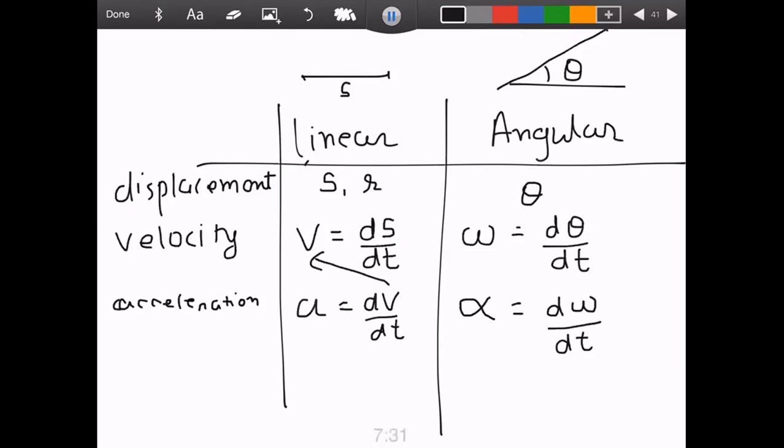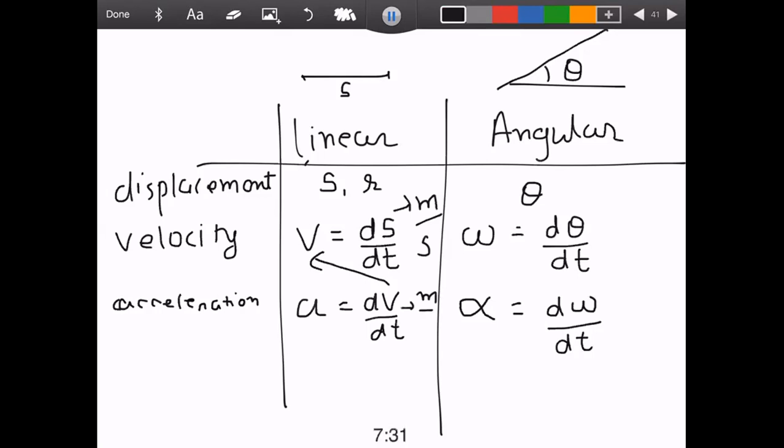So one is angular acceleration, alpha. What is the unit? Right now, as a vector, we are not bothering about direction, but the unit of s is meter, and time is in seconds. So velocity is meter per second, and acceleration is meter per second square.